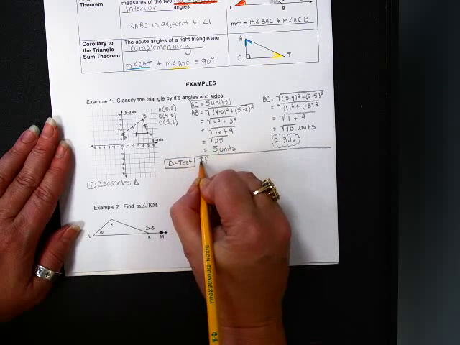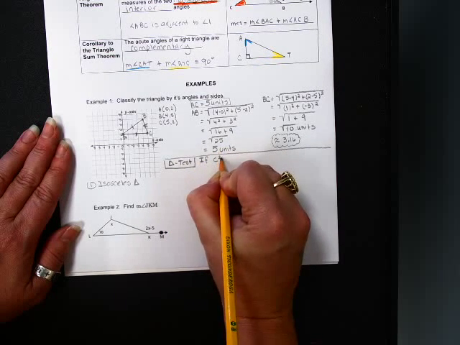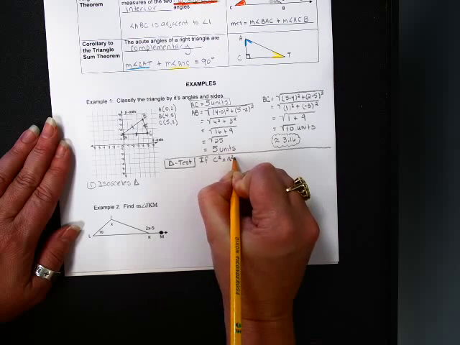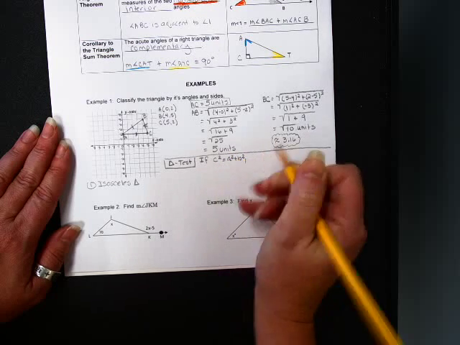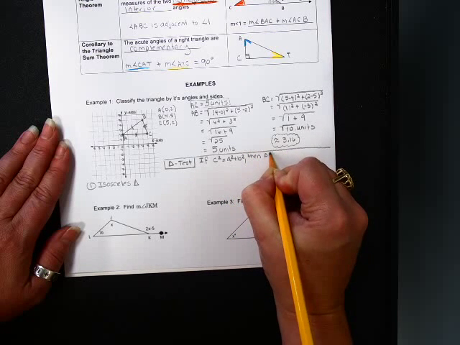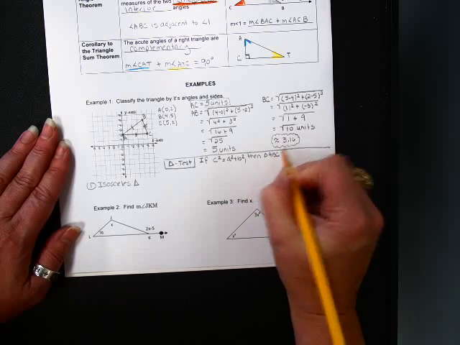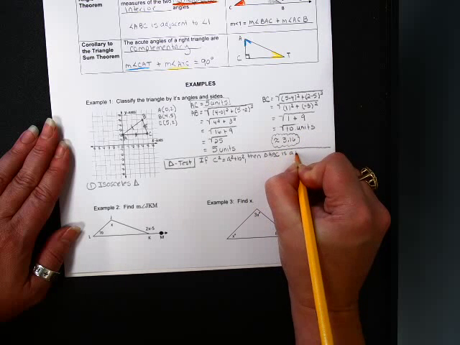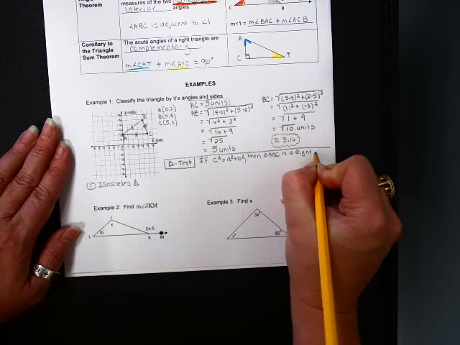If C squared equals A squared plus B squared, then we know that triangle ABC is a right triangle.